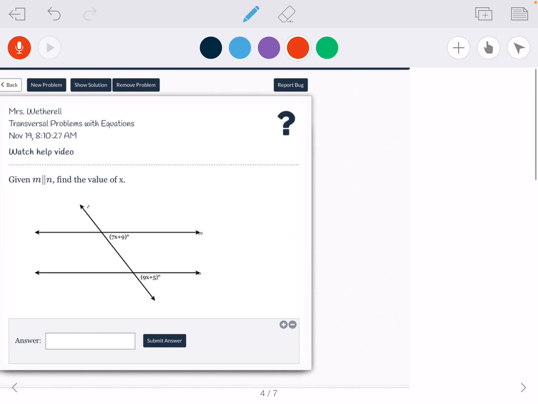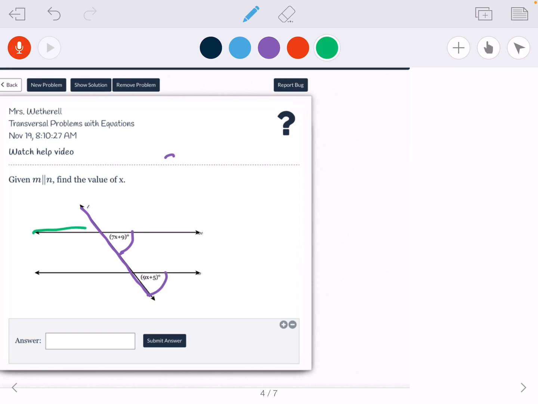Moving on. Okay, now here's an actual problem that you're going to have. I am not solving it all the way, but I am going to get it set up for you. Again, I've got my transversal, and then I've got an angle here. This one's inside and this one's outside, so they're not interior anything. So you ask yourself, are they in the same position on the parallel lines?